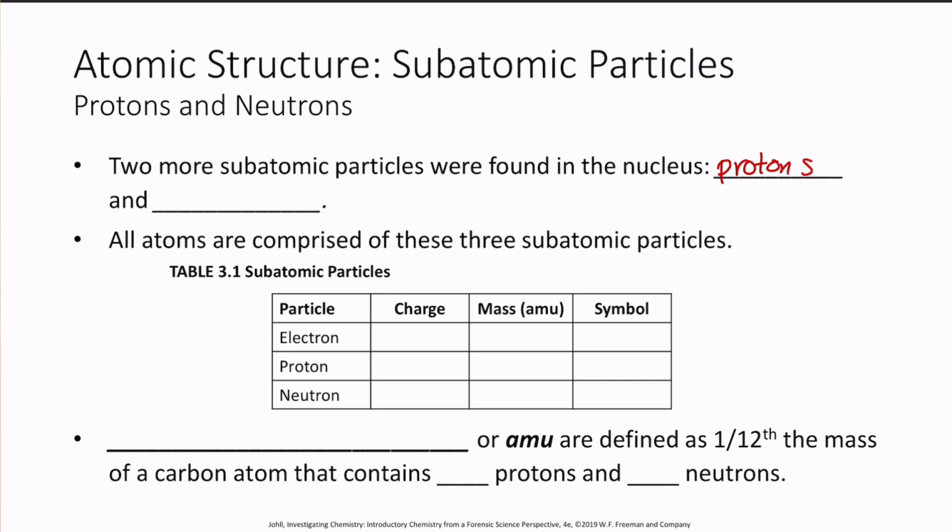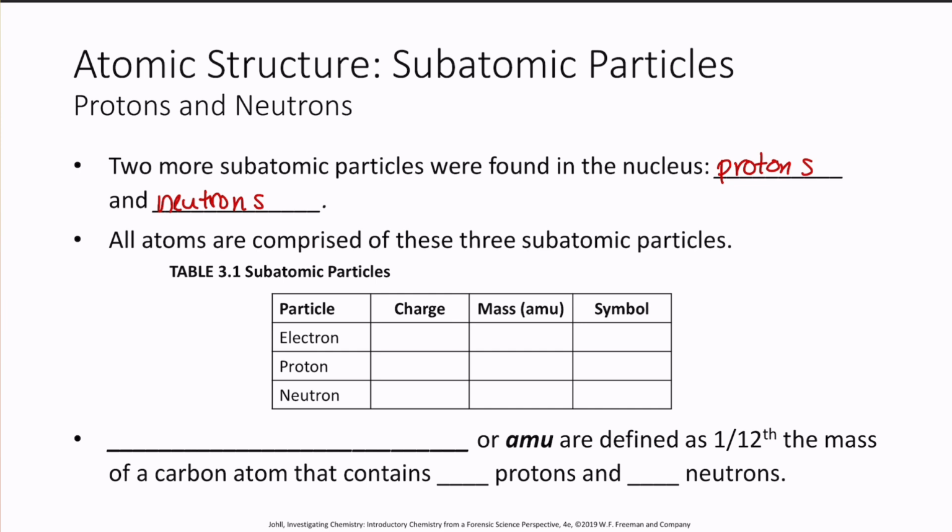So we have a total of three subatomic particles: the electrons, which we know are negatively charged, protons, and the neutrons. Now, all atoms are made up of these three subatomic particles, and the number of subatomic particles they have will help define what type of atom you are dealing with.